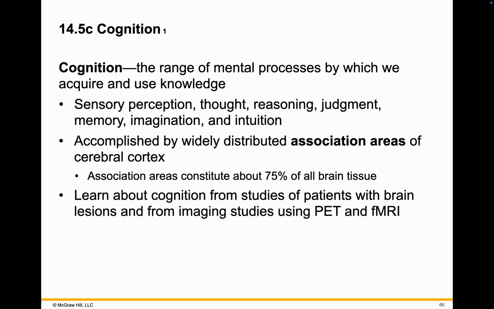We learn about cognition from studies of patients with brain lesions, so people who have problems with cognition. But we are getting more and more information from studies in what we would call normal individuals using both PET and fMRI.